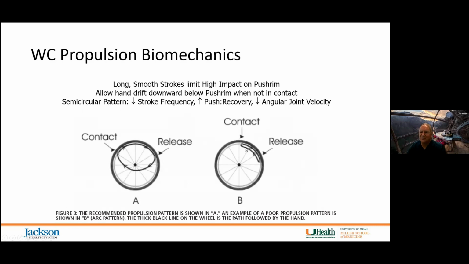And so these folks, if they continue this type of propulsion biomechanic, they will ultimately end up with their shoulders being somewhat protracted, and they'll have tight chest muscles across there, and they're going to end up being particularly at risk for shoulder dysfunction and these mononeuropathies that we're talking about.